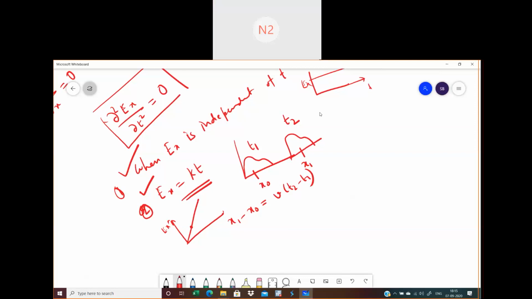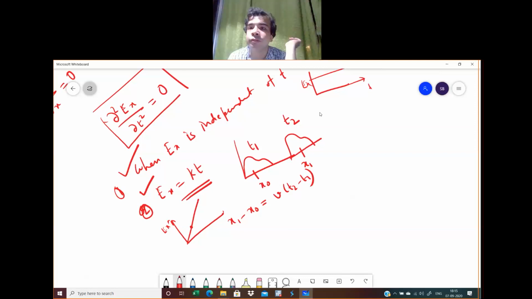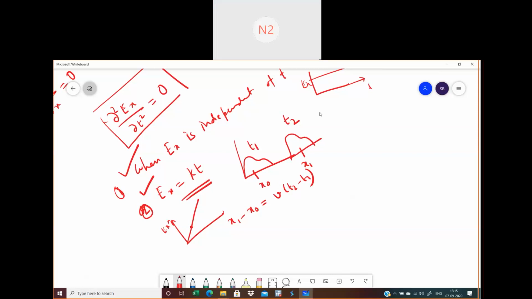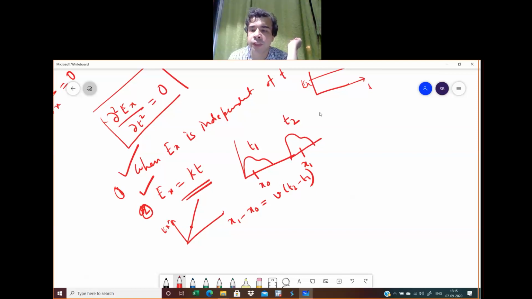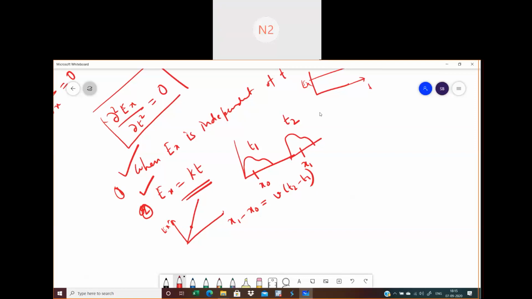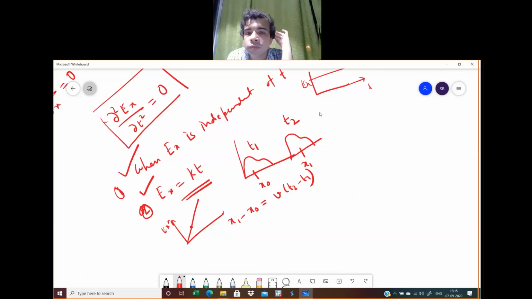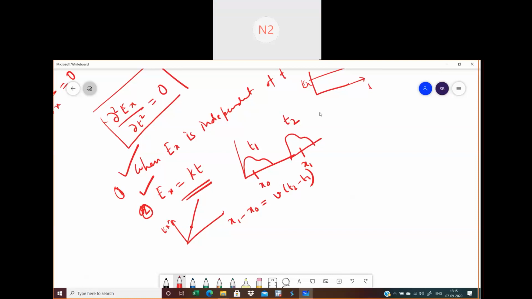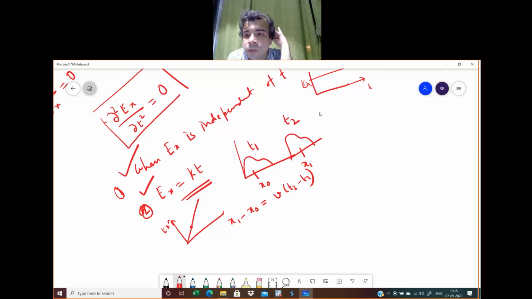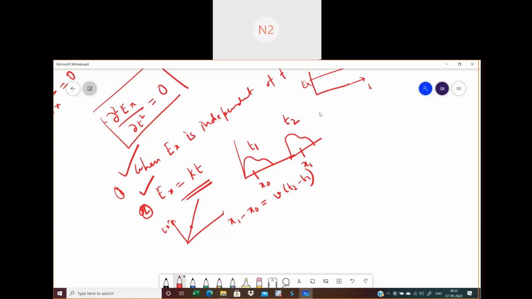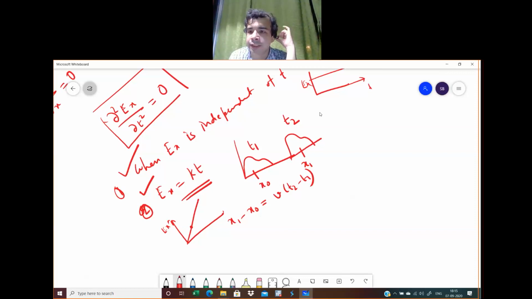Yes. So what is the only possibility we have? How do we make this a wave? If Ex is independent of T, we cannot say that. When Ex is increasing linearly, we cannot say that.